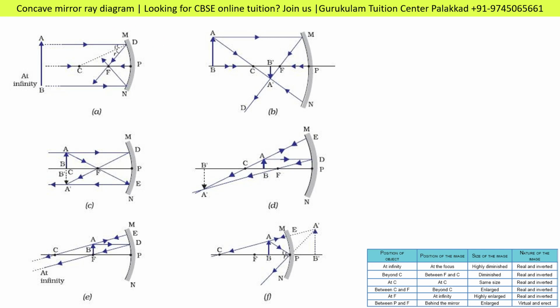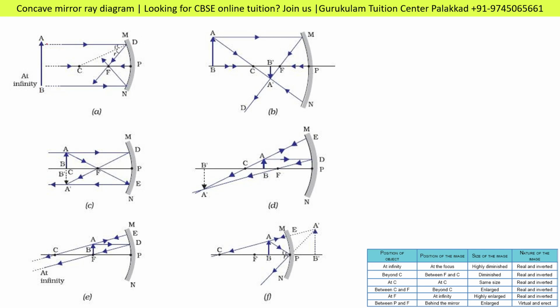And let's start with our first figure. So first condition is what? Object is placed at infinity. The object is named as AB here. So we need two ray diagrams to draw any figure.